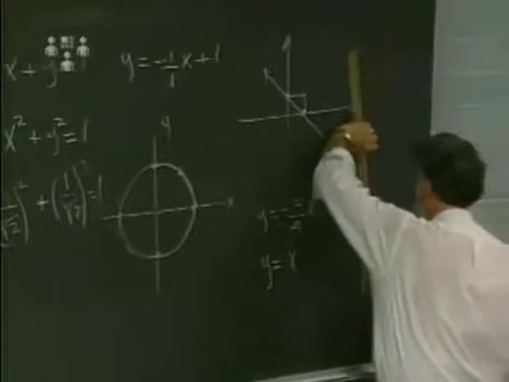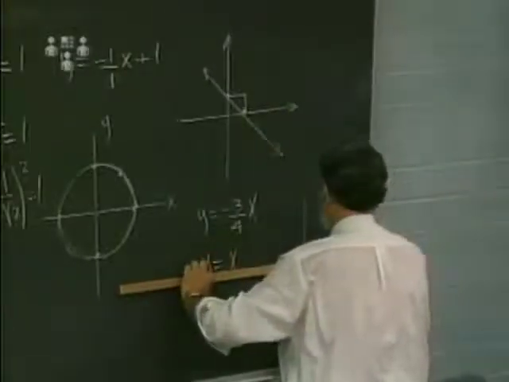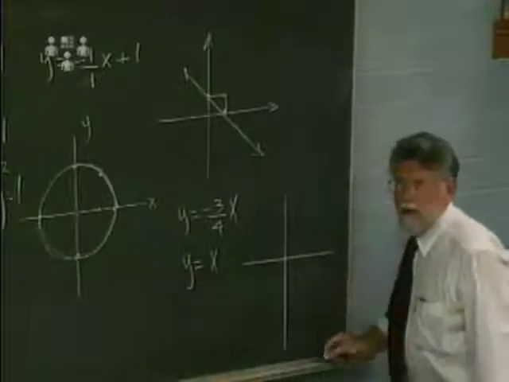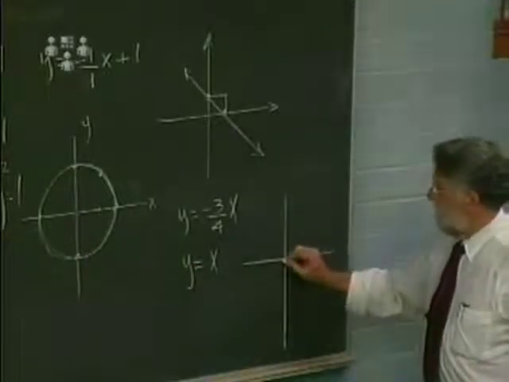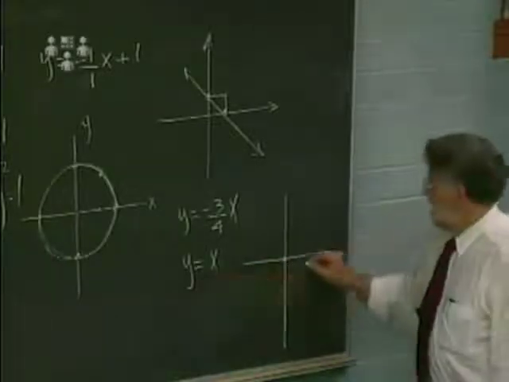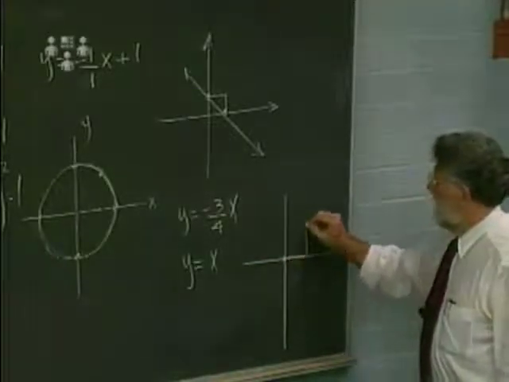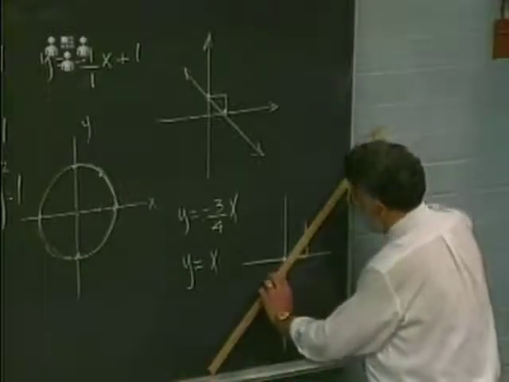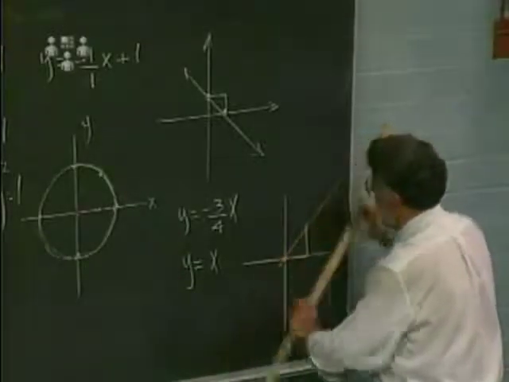I went off camera there while you were not looking. Okay, I'm going to come over here. Now, as I do this, x is 0, y is 0, and the slope is understood to be 1 over 1. So that says go over 1, up 1, and I get a line going through the origin. It's a diagonal of a square.